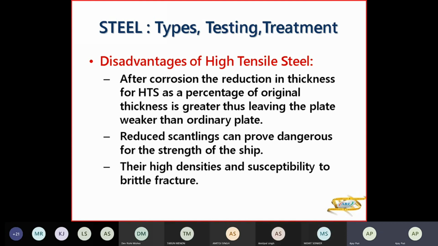And because you're reducing your scantling, it can be dangerous for the strength of the ship. Plus the high density of the grains of the steel inside this, in high tensile steel, can lead to brittle fracture.